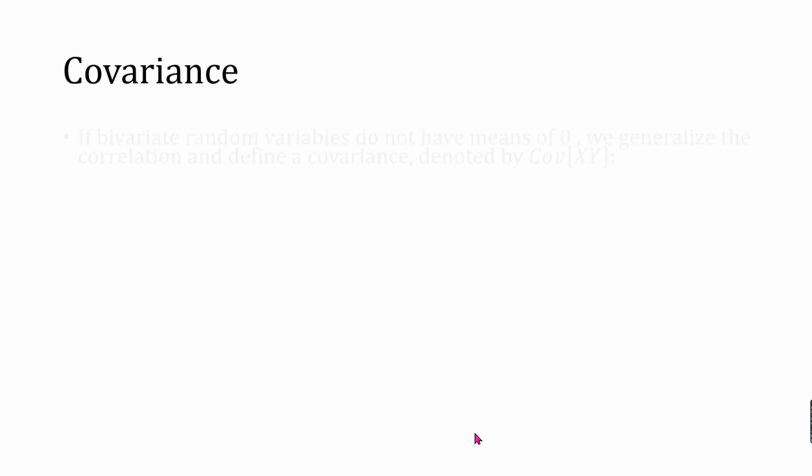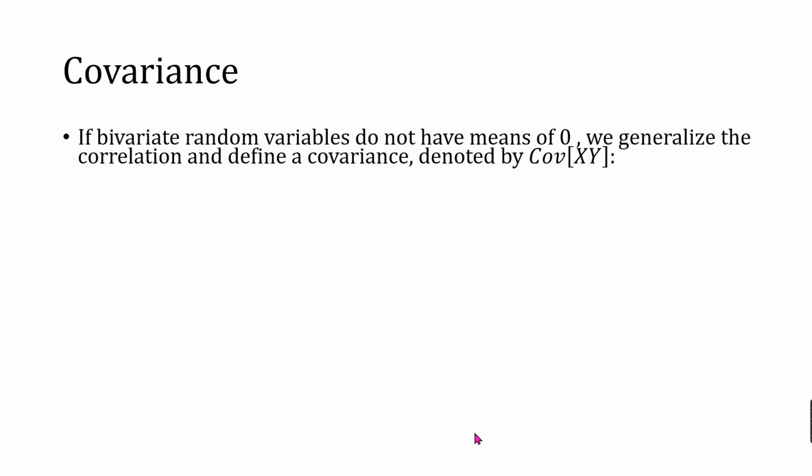All right, what is covariance here? Covariance can be defined only if the means of the two random variables are non-zero, and generally it is denoted as covariance of x and y, defined using this equation.